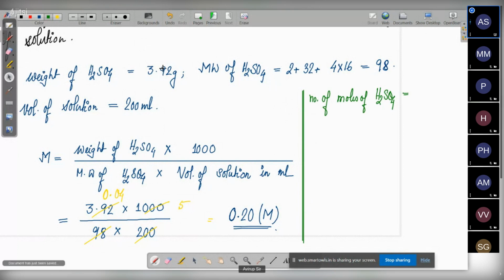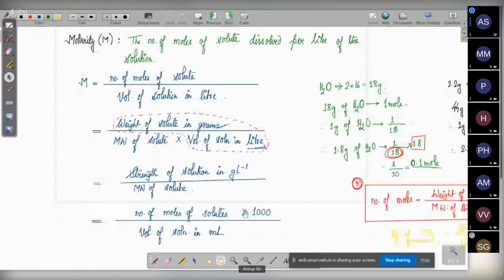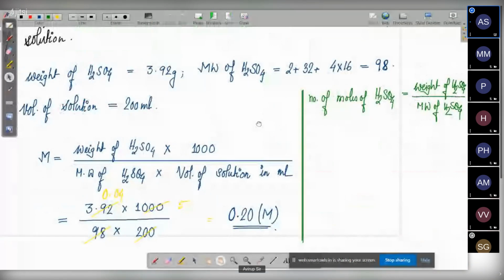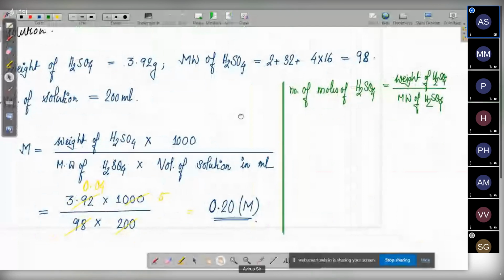The number of moles formula is weight by molecular weight: weight of H2SO4 divided by the molecular weight of H2SO4. So this also we had written as the formula. Number of moles is equal to weight by molecular weight.